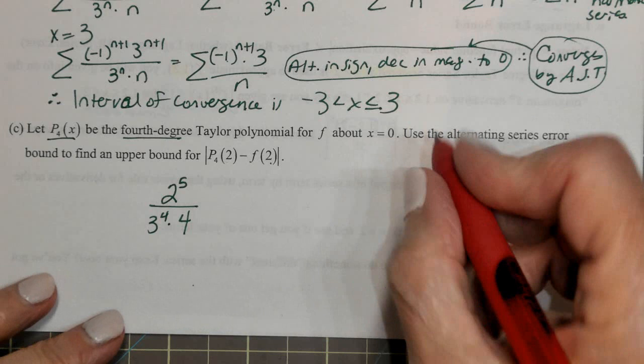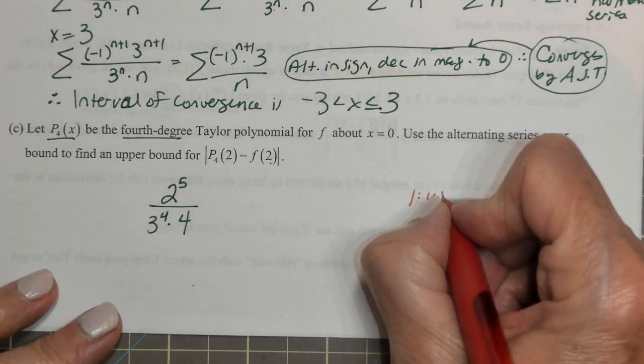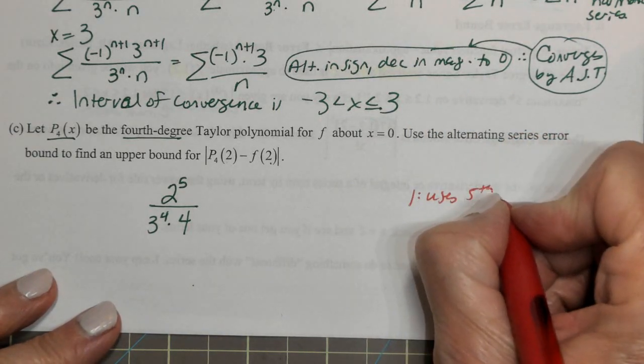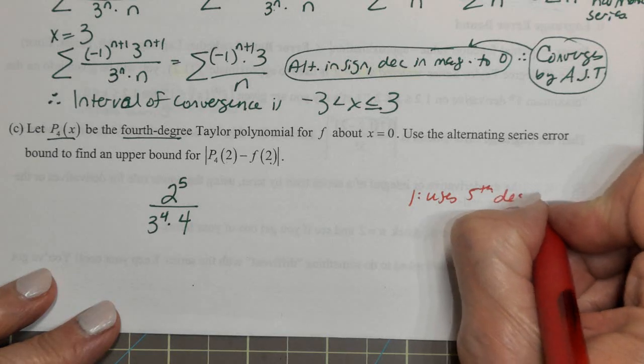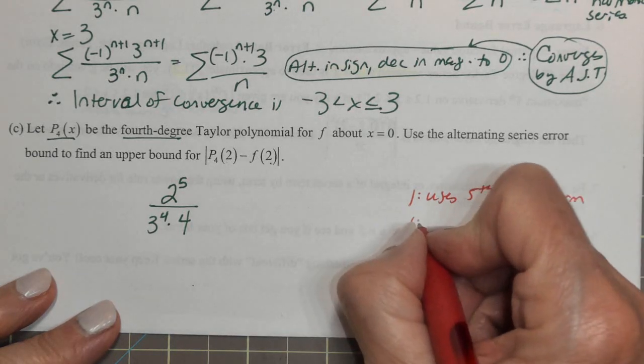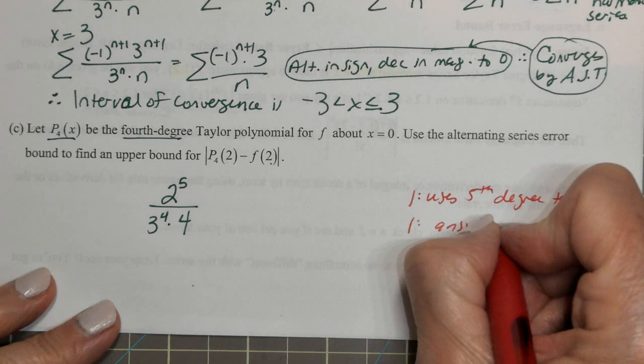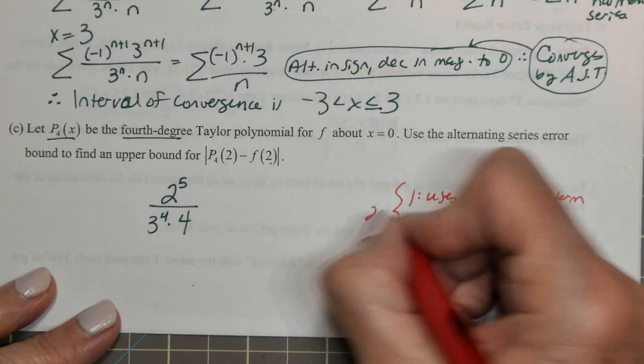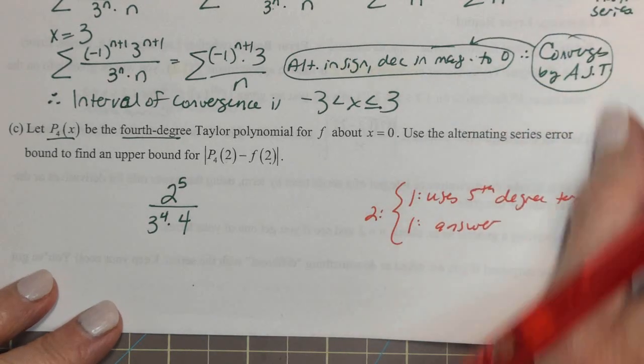Okay, real quickly, the way they scored this. 1 point for uses the 5th degree term, 1 point for the answer. So if you choose to simplify, it has to be correct to get your answer point.